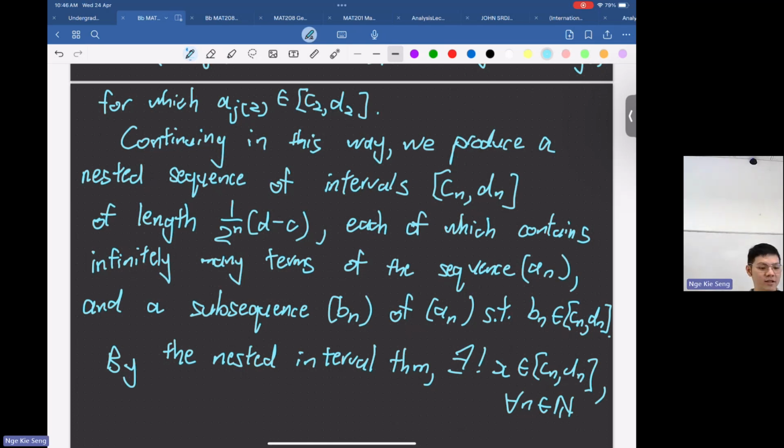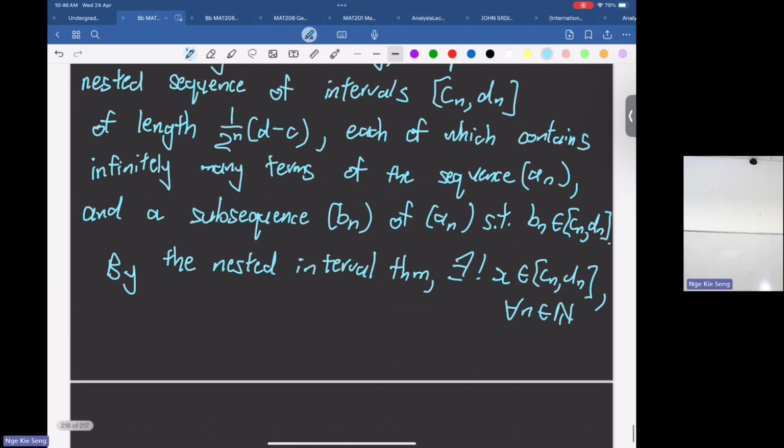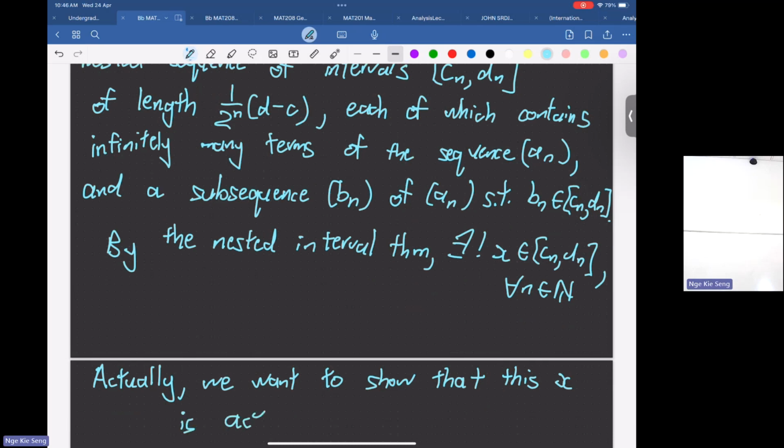We want to show that this x is actually the limit of the subsequence I produced.